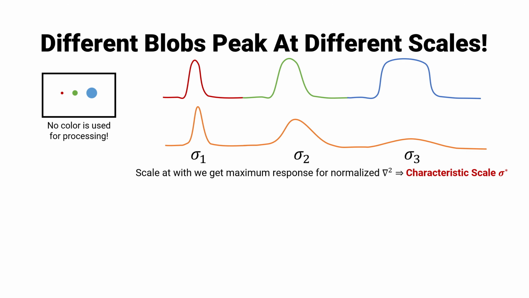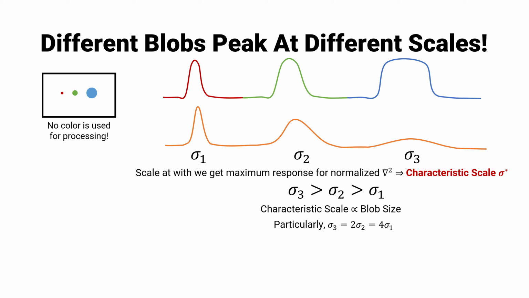Scale at which we get the maximum response for the normalized value of Laplacian is called the characteristic scale, sigma star. In this particular case, sigma 3 is greater than sigma 2 is greater than sigma 1. Remember that the characteristic scale is proportional to the blob size.